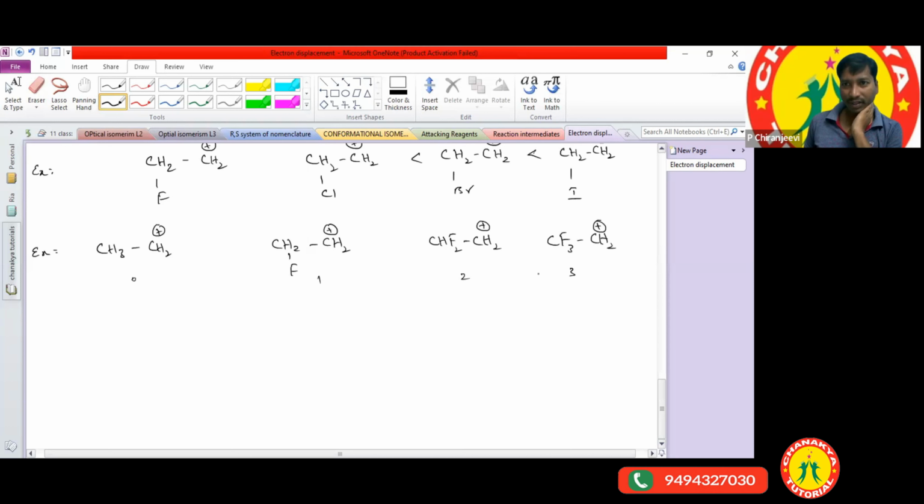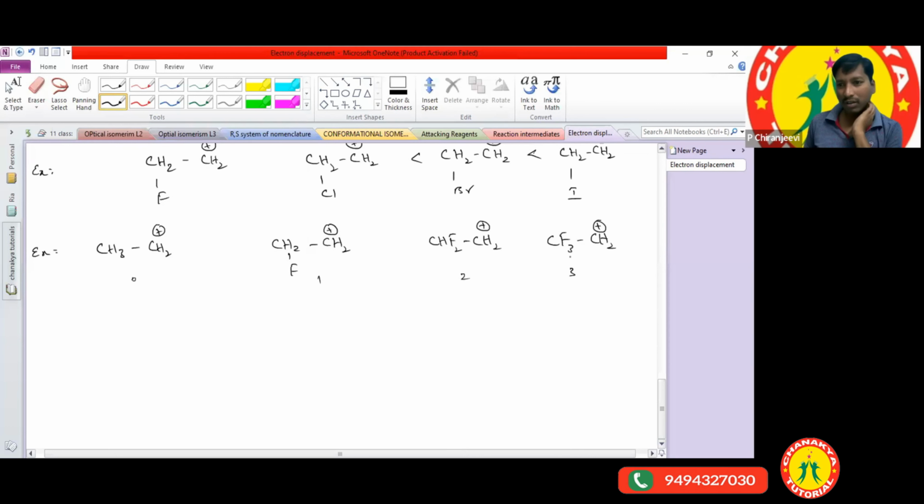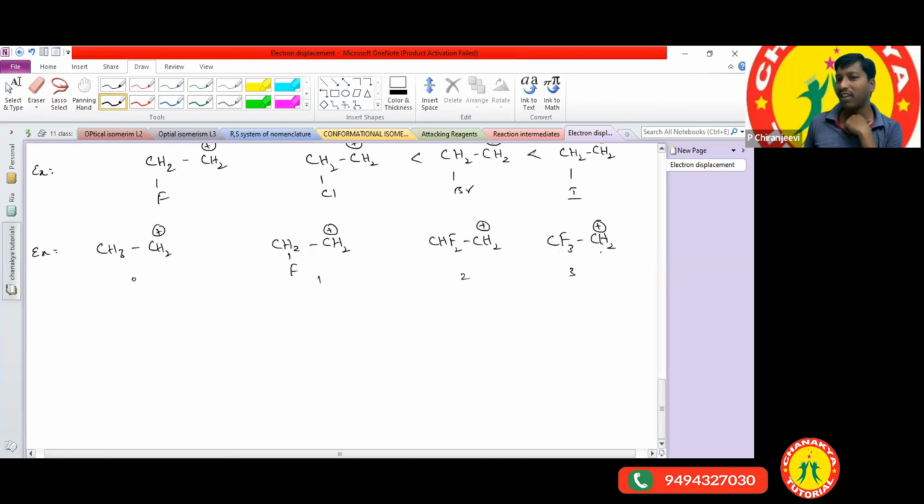Samita, which one is the more stable and which one is the least? Least stable will be CF3 CH2 plus, I think. Okay. The least stable one is CF3 CH2 plus. Then which one is the more stable?